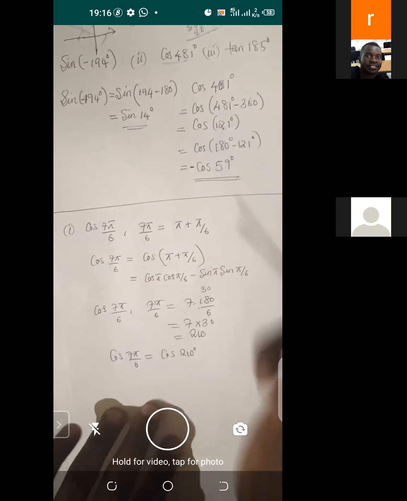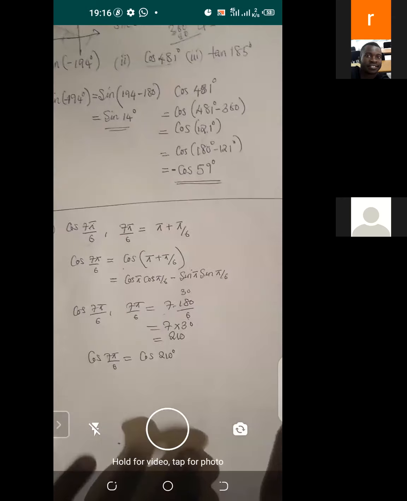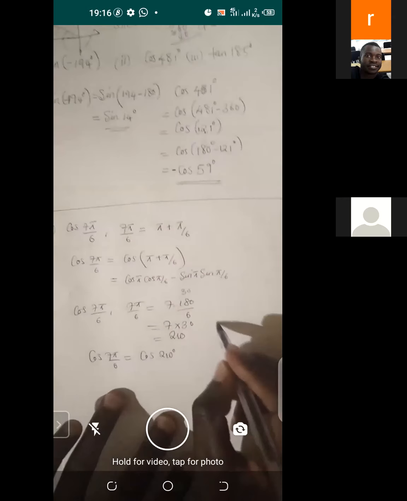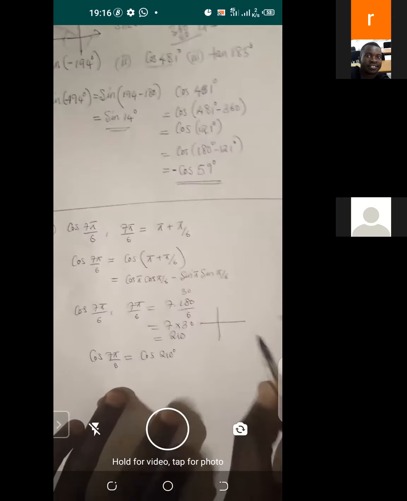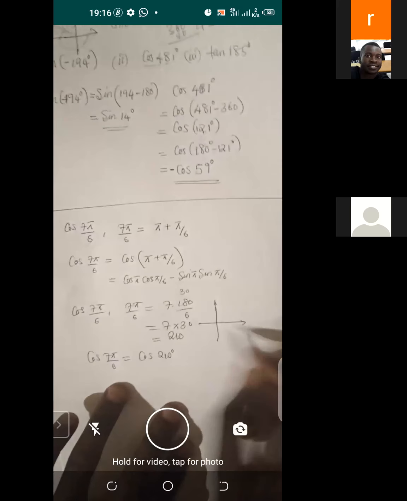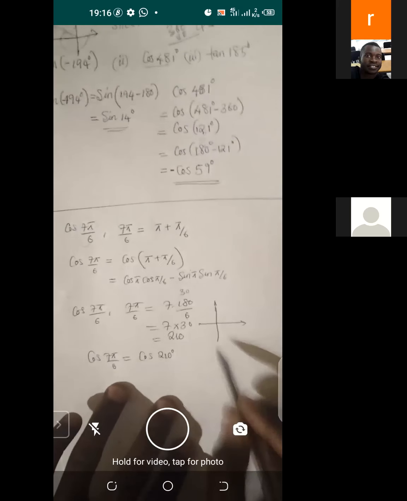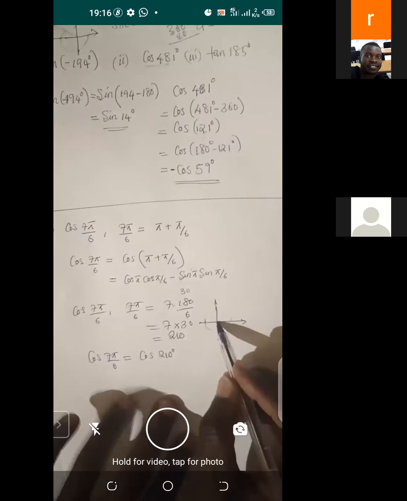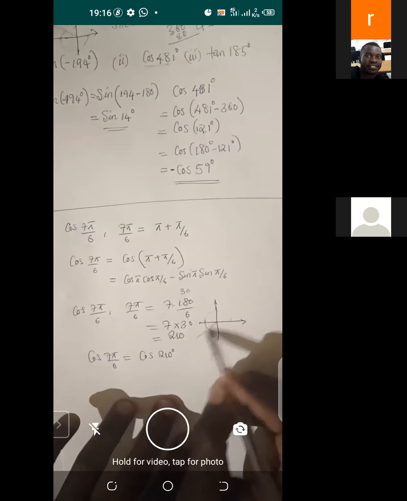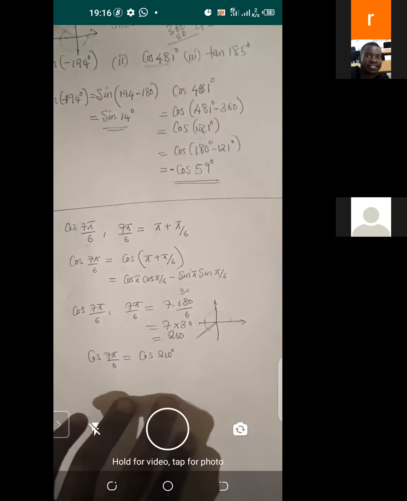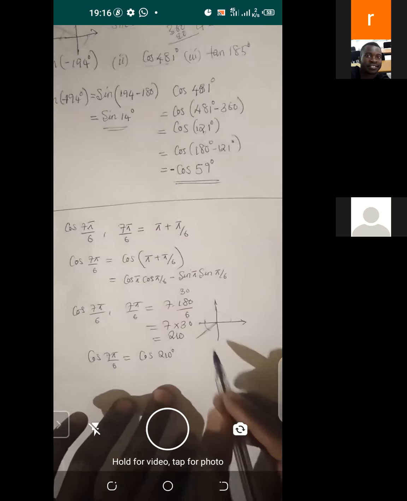Then you use what we have been doing here. So this is 180. You see that this angle lies in the third quadrant.